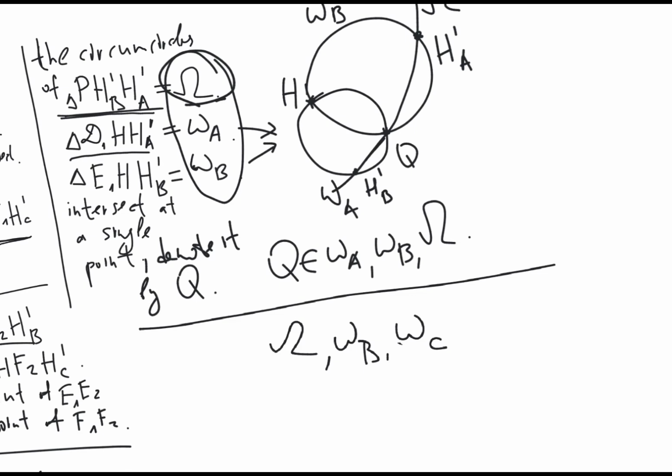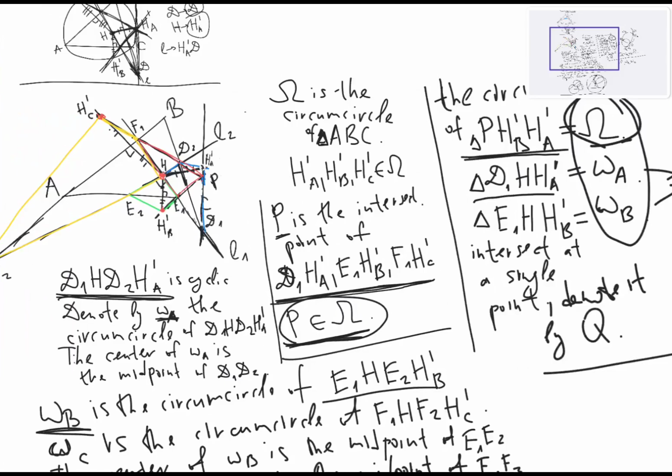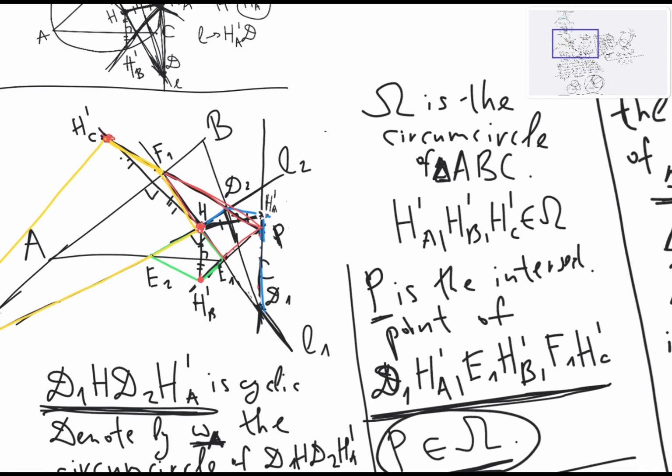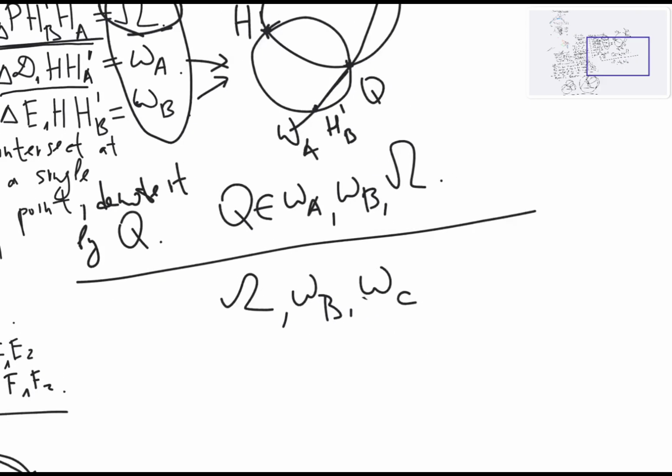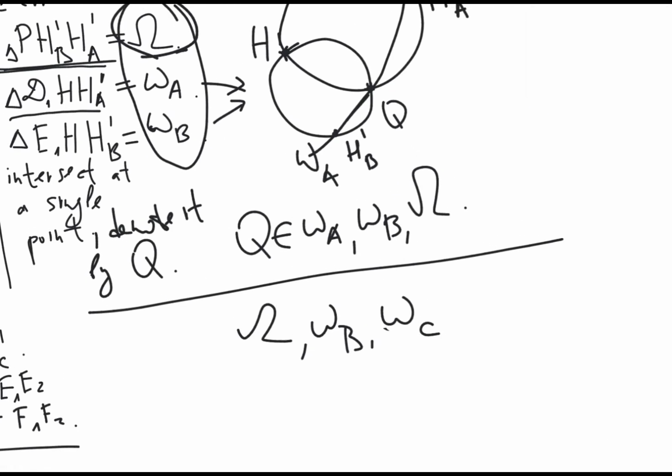So if you write Miquel's theorem for this red triangle and these three red points, we would get that omega B and omega C intersect at a single point.